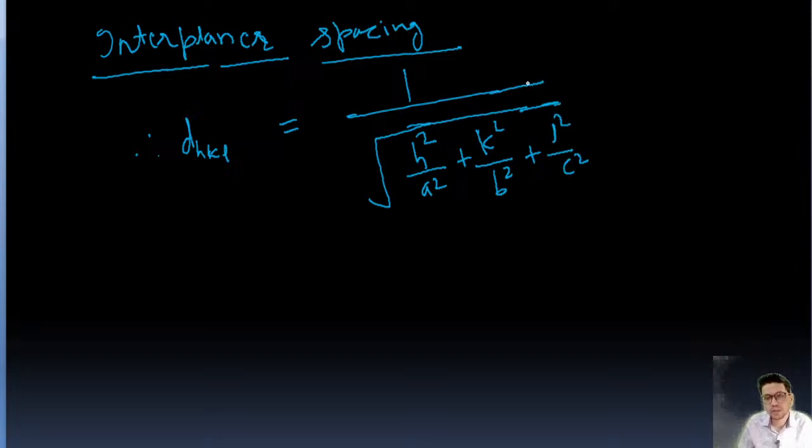So this is the interplanar spacing, that is DHKL. This is the DHKL value.